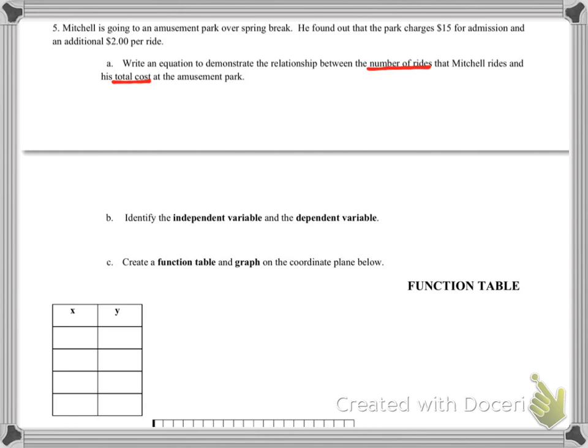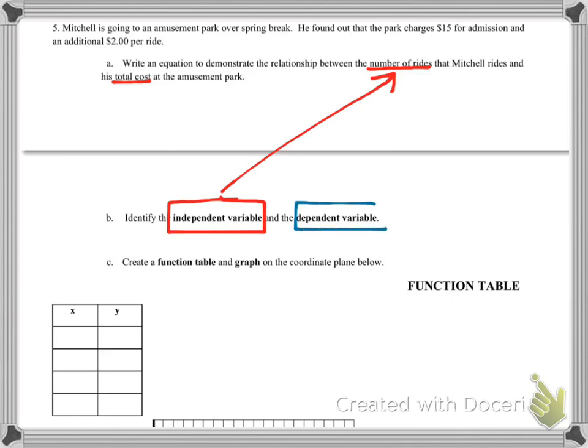So the independent variable is going to be the number of rides, and the dependent variable is the cost, the total cost. So there's our independent and dependent variables.